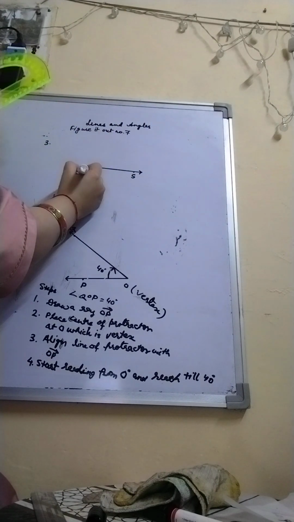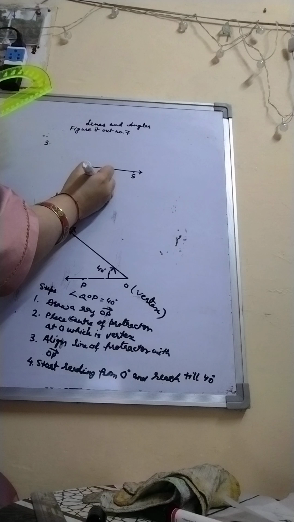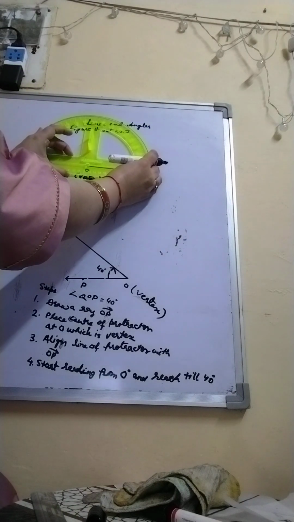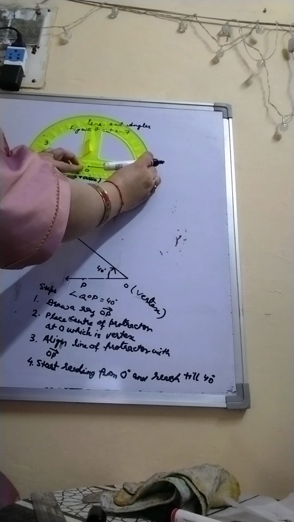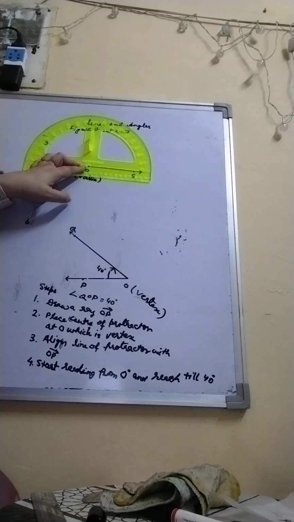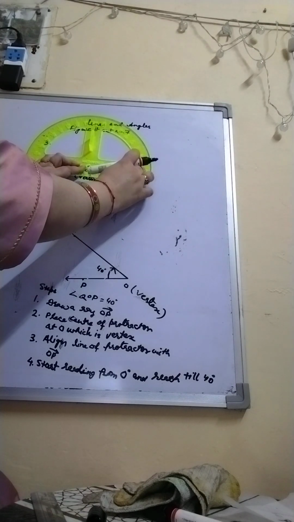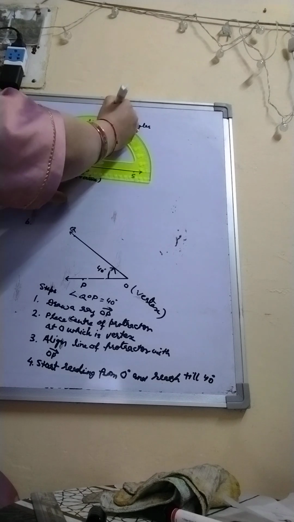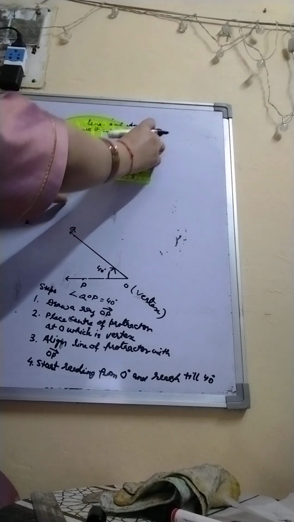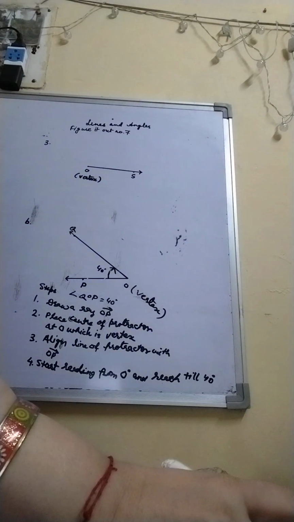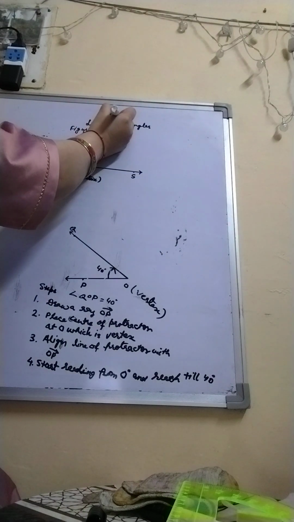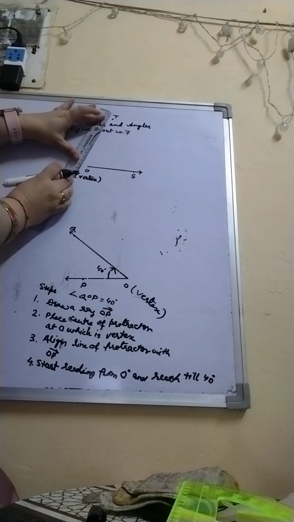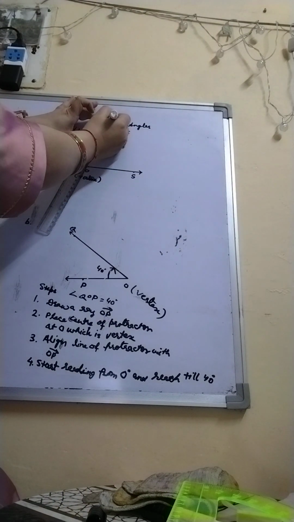So we define O as the vertex and align this line of the protractor with OS. Start reading from 0, 10, 20, 30, 40, 50, 60, 70 and 75. Put the dot at 75. Name it as T. Join OT.